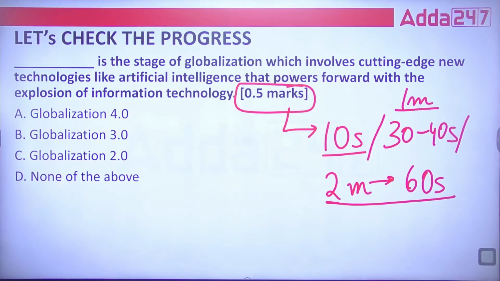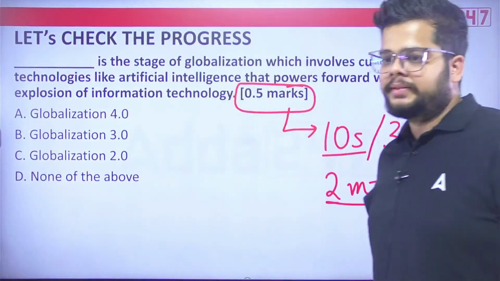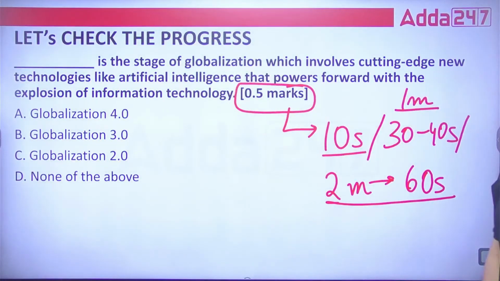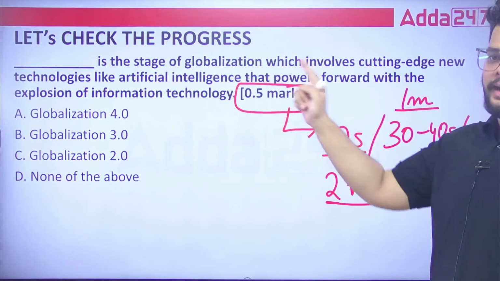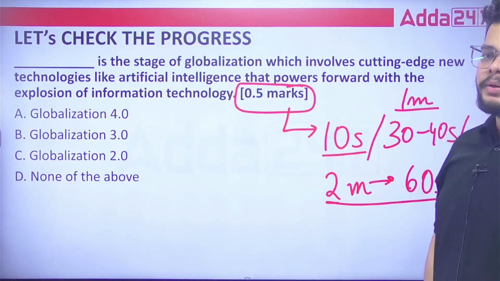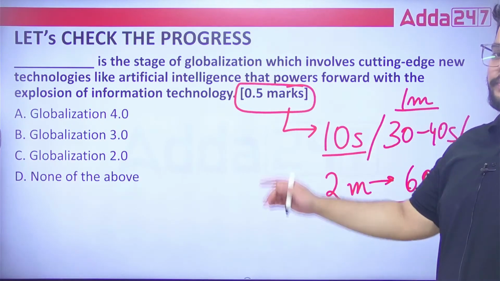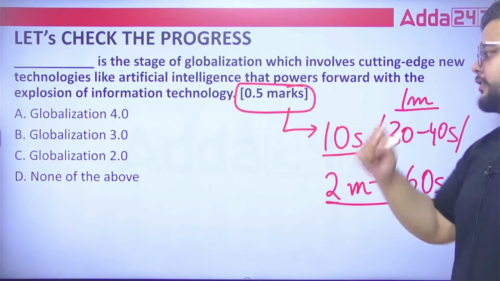Hardly 10 seconds you should take for this type of question. The question says, dash is the stage of globalization which involves cutting edge new technologies like artificial intelligence that powers forward with the explosion of information technology.